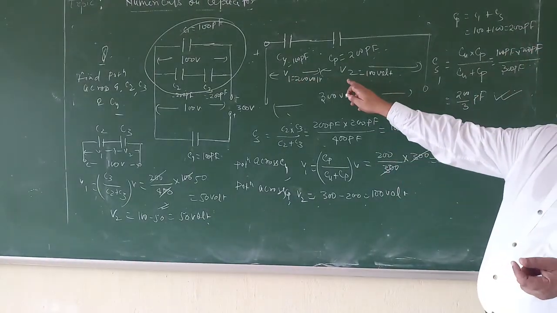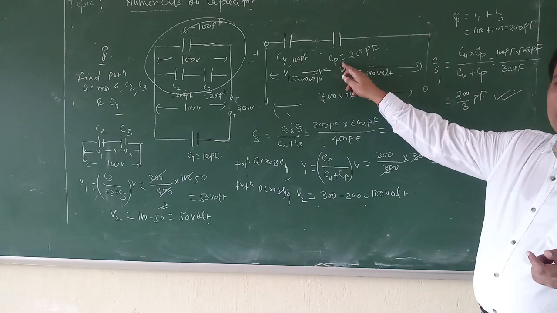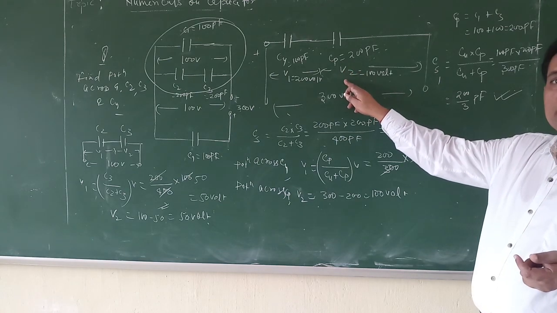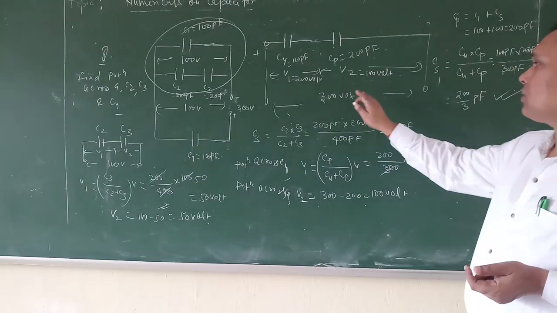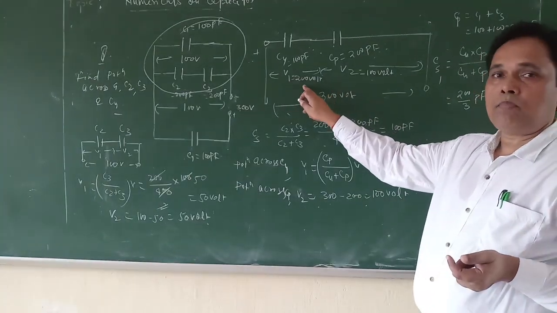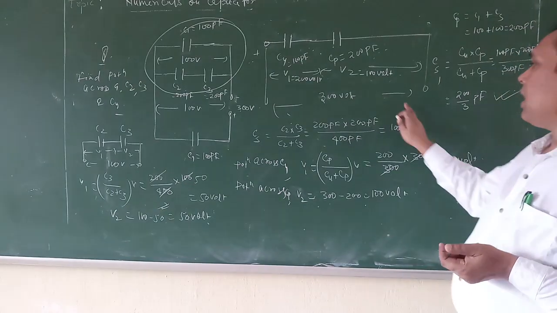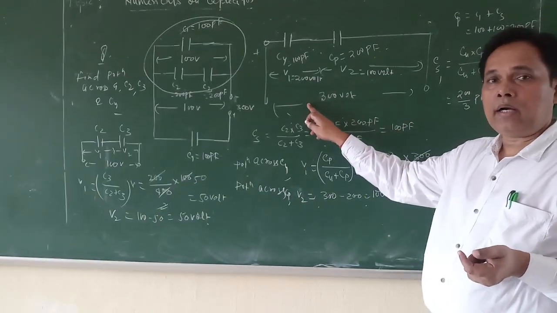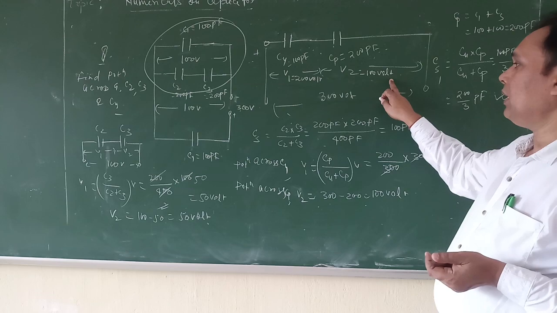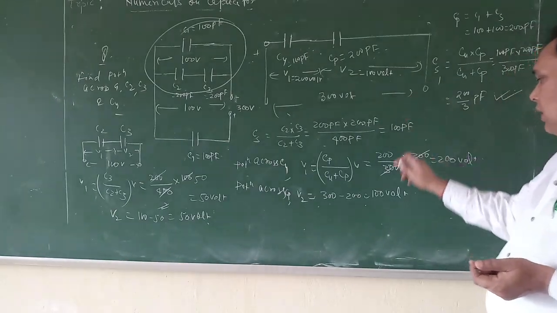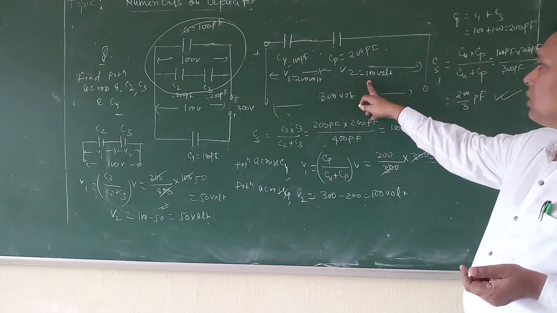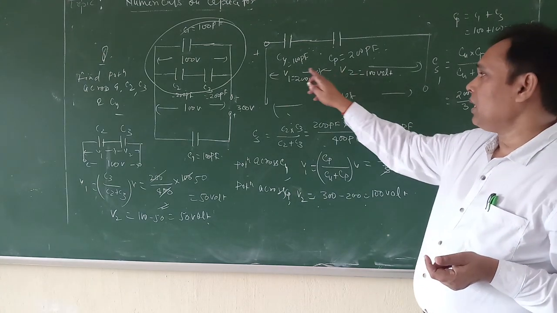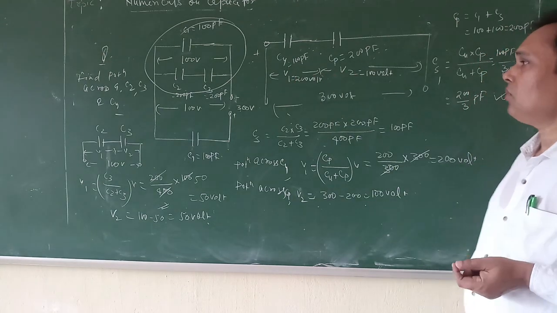Similarly, find the potential across CP. That potential is represented as V2. So V2 is 300 minus 200, which will be 100 volt. So you are getting the potential across CP and across C4 also.